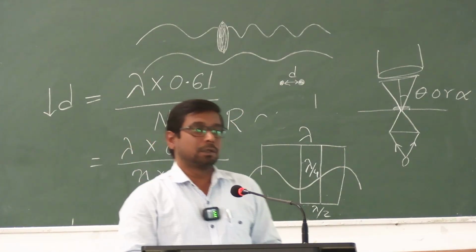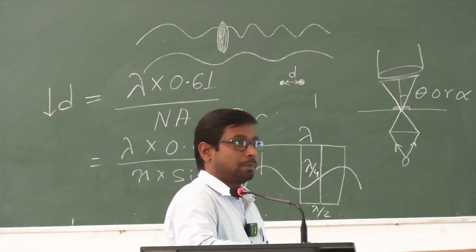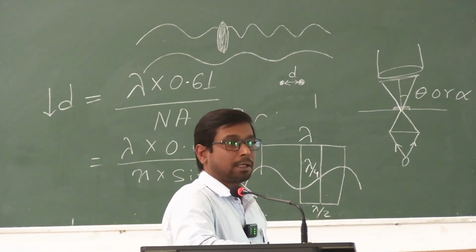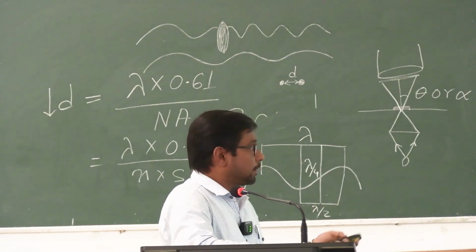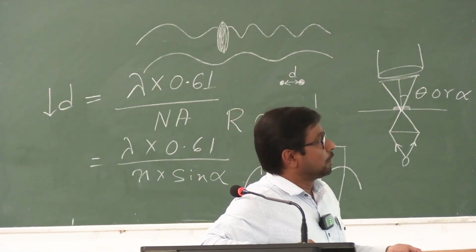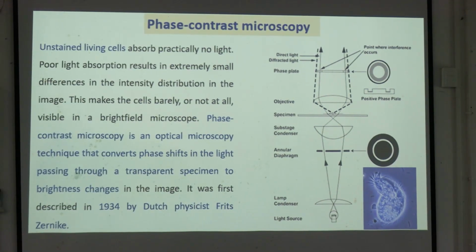It will slow the light and the background will be more black and the specimen will be more bright. This is the picture where you can find the extracellular cilia and flagella.